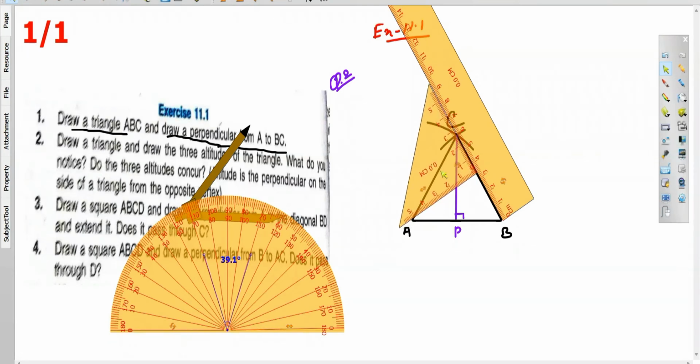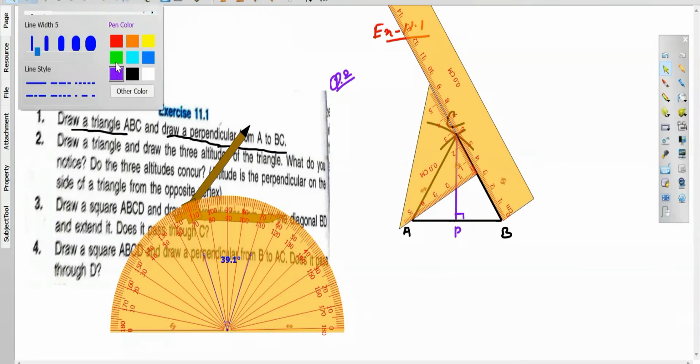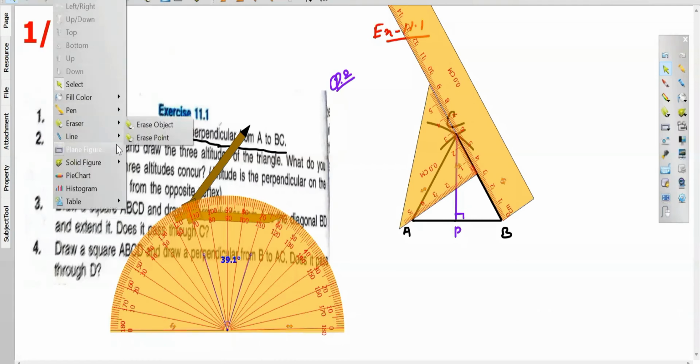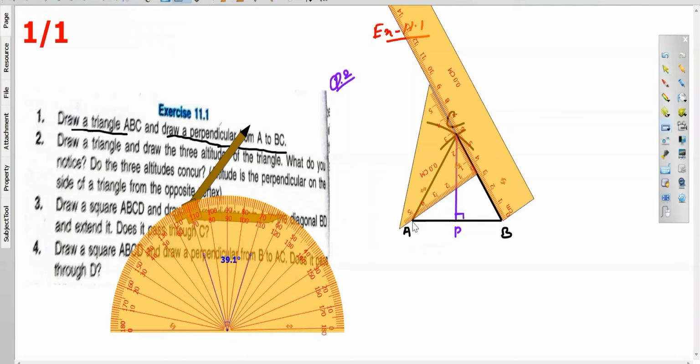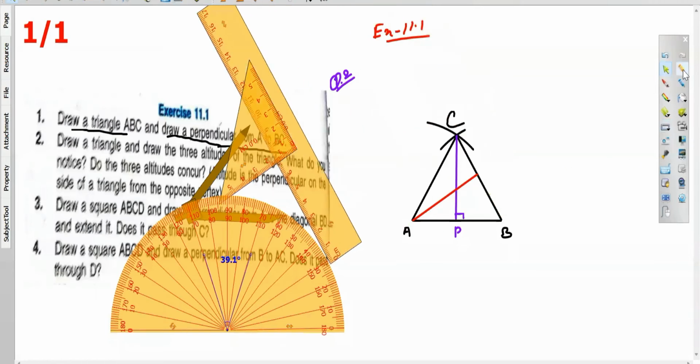Now you can see that one should slide in the scale and one should be towards the vertex, towards the base BC also. Now we will join it in order to obtain a perpendicular line from A to BC. This is how we are going to do it. This is the second perpendicular line. You can name it as AQ.